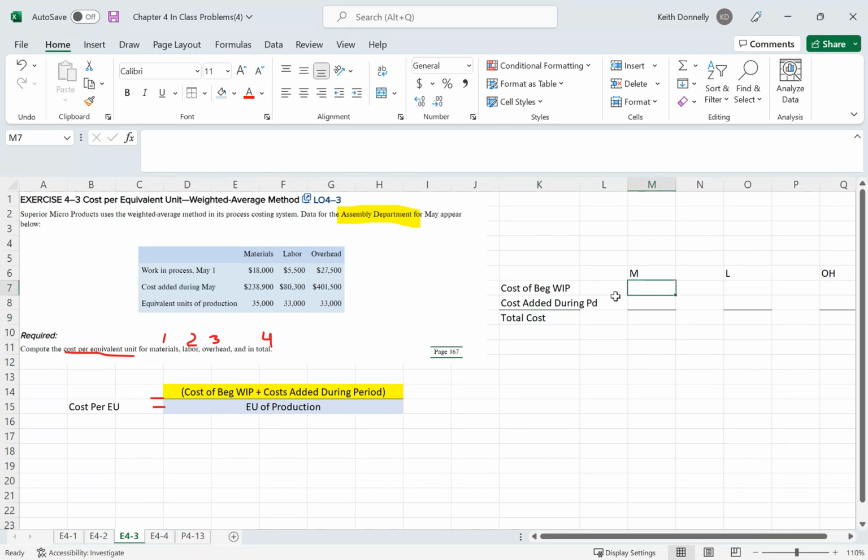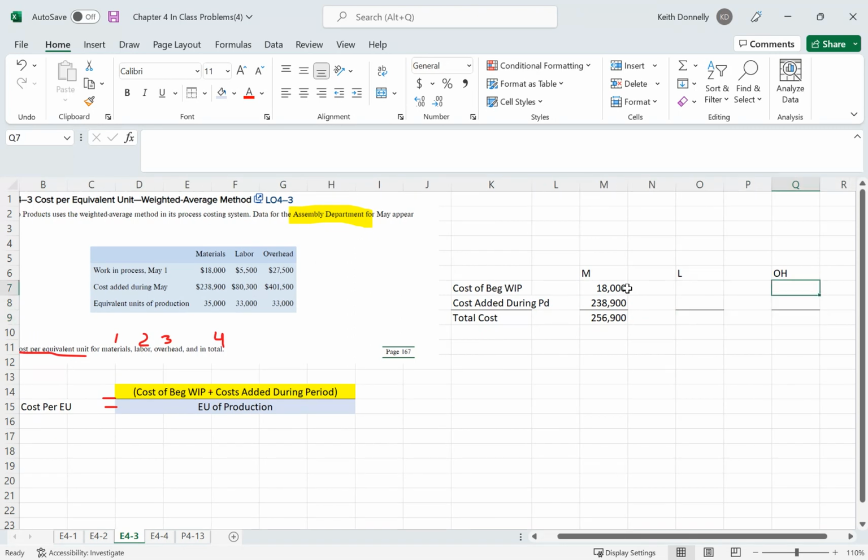Cost of beginning WIP with regard to materials in this case, we're going to have 18, and then we added 238.9. So our total cost with respect to materials was 256,900.